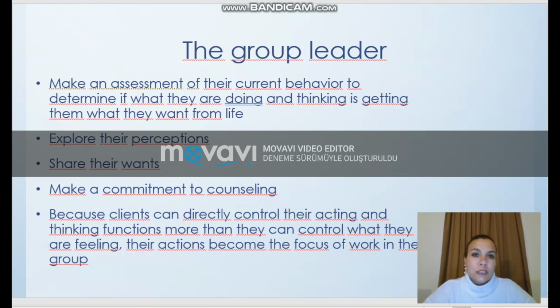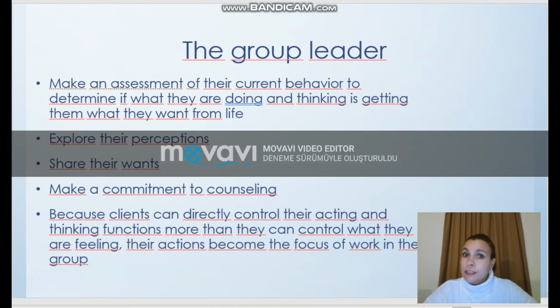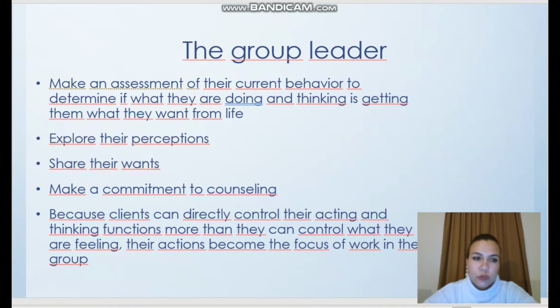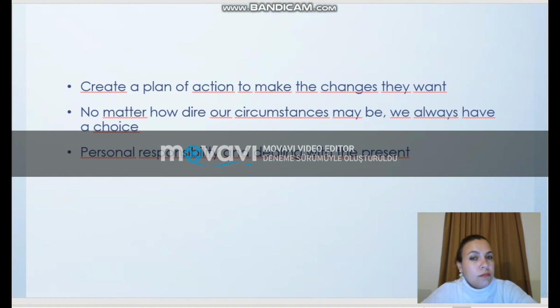They ask them to share their wants, and they expect group members to make a commitment to the counseling process, and they believe that clients can directly control their acting and thinking functions more than they can control what they are feeling. So their actions become the focus of work in the group counseling session. They create a plan of action to make the changes they want. In which theory did we see this? Behavioral, right?